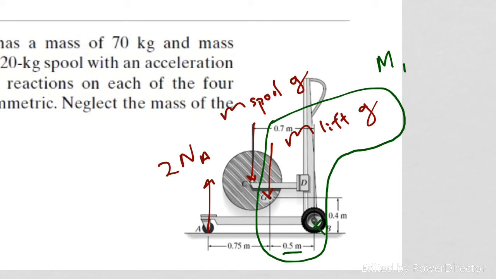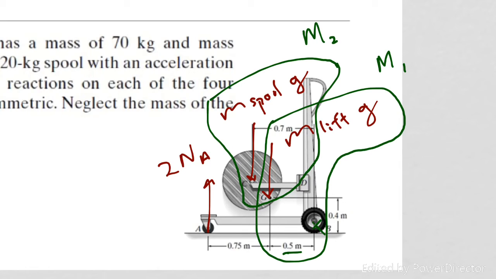Okay, so the second I'm going to choose will be my spool. But that will be the distance 0.7, because it is from that force acting point towards the B point distance.